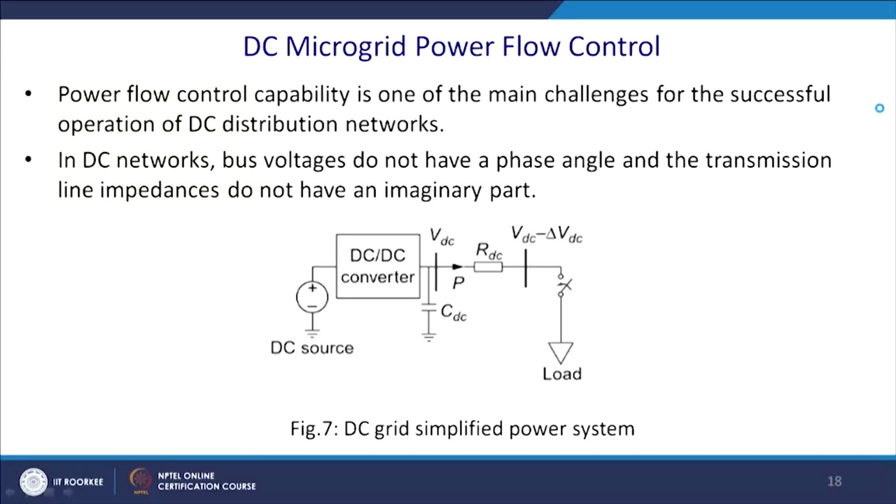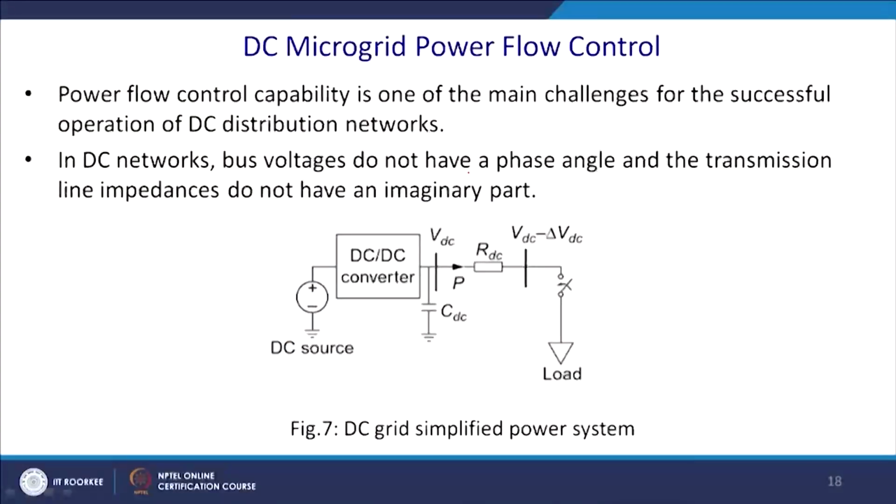Now, come to the point of DC microgrid power flow. The power flow control capability is one of the main challenges for successful operation of the DC microgrid. The DC network and the bus voltage do not have a phase angle and the transmission line impedance does not have an imaginary part.